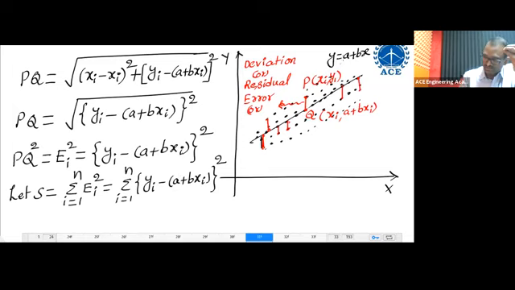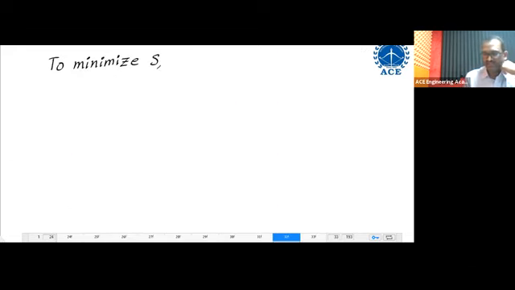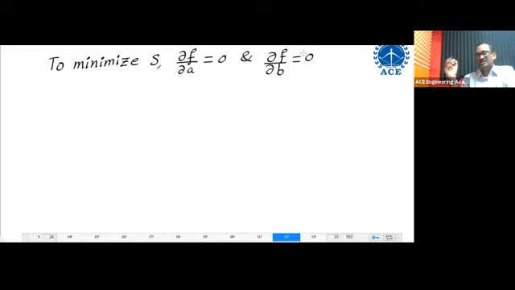We don't know the values of a and b, so to find a and b, instead of dou f by dou x and dou f by dou y, you need to find dou f by dou a and dou f by dou b equal to 0. By solving dou f by dou a equal to 0, you will get sigma y equals na plus b into sigma x.